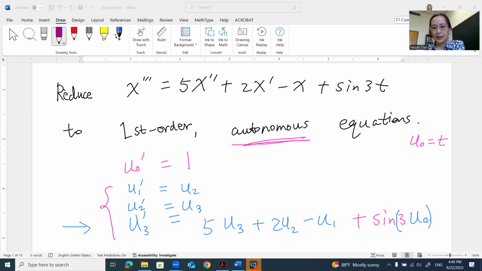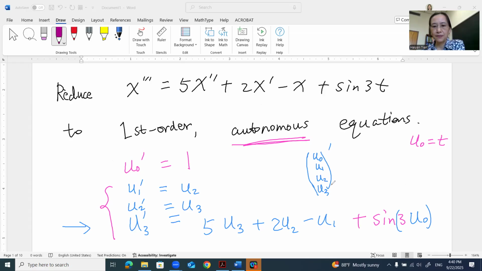Now you notice our U, we got this vector equation. So U is a vector involving entries U0, U1, U2, U3.